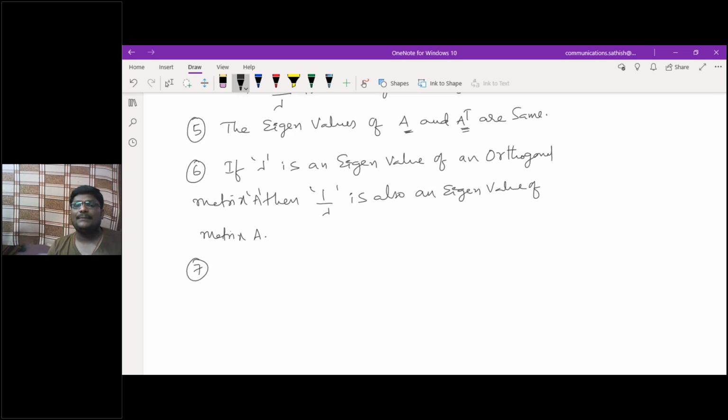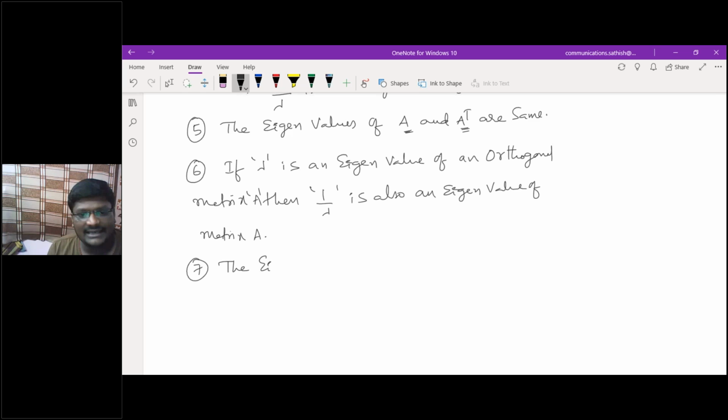That's all. If lambda is an eigenvalue of an orthogonal matrix capital A, then 1 by lambda is also an eigenvalue of matrix capital A. Understanding? Yes, sir.